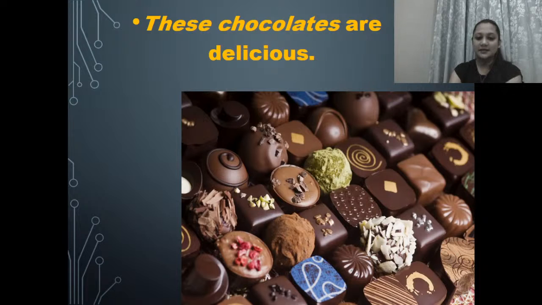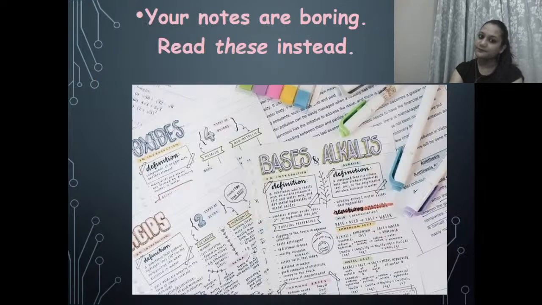So these here is our determiner. Are we clear? Next, your notes are boring. Read these instead, right? Now, read is definitely an activity. It is a verb, right? So it is going to be a clear example of pronoun.